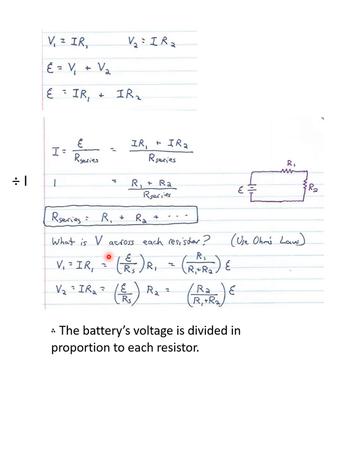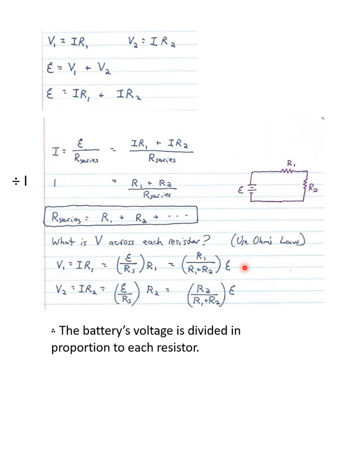So it's electromotive force over R series. We're still multiplying by R1. And now I'm going to substitute in the series resistance is R1 plus R2. That's what it says in this box right here. So in the end, we get that the voltage drop across resistor 1 is this expression, R1 over R1 plus R2 times the electromotive force.